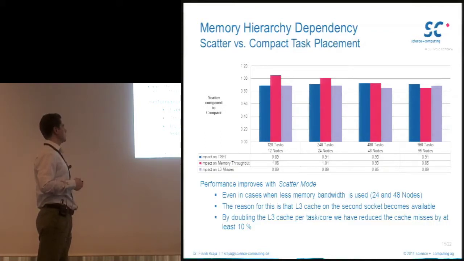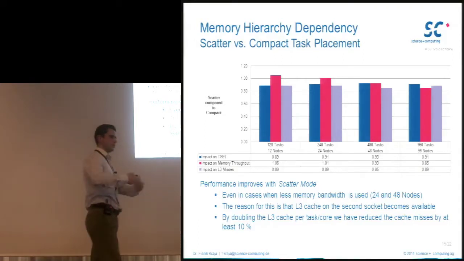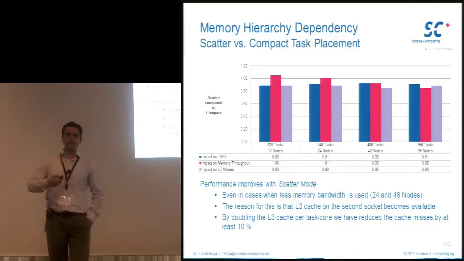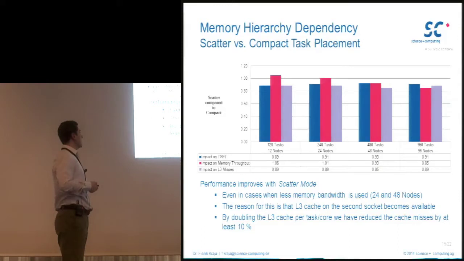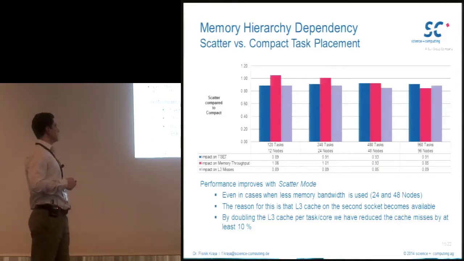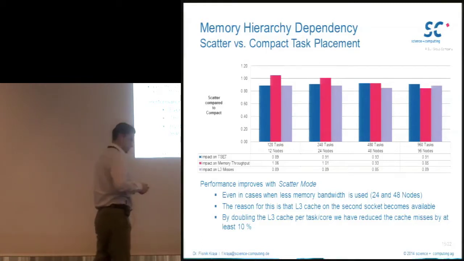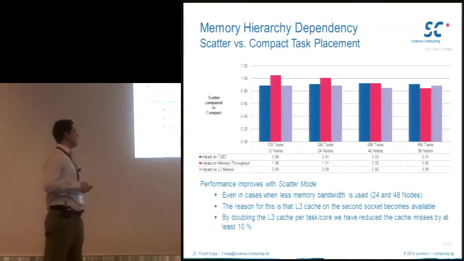We see an increase in memory throughput, so these tasks that are now running on separate CPUs are using more memory bandwidth because they now have more memory bandwidth. And we see that we also reduce the level 3 cache misses by, let's say, 10%.